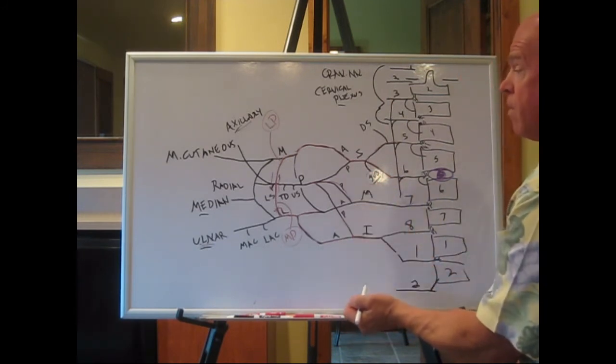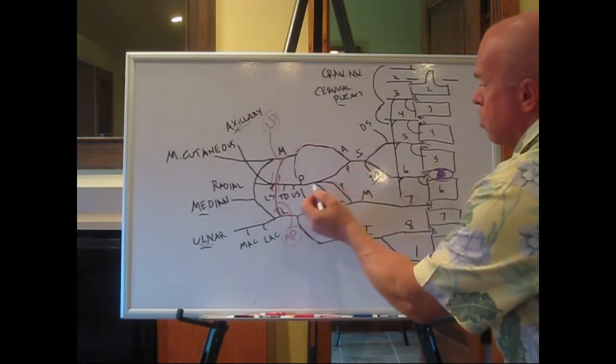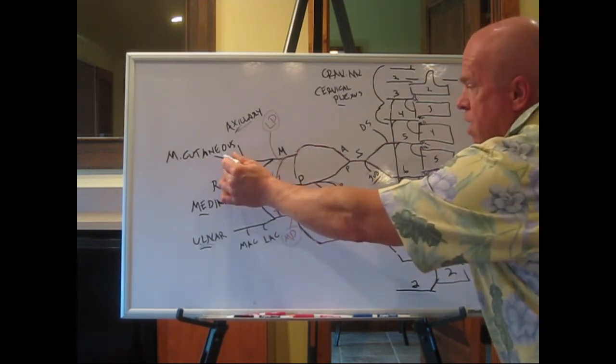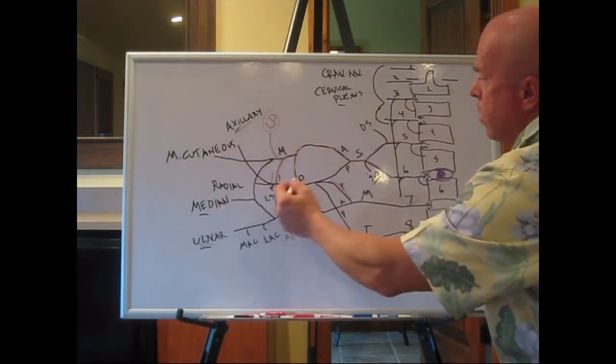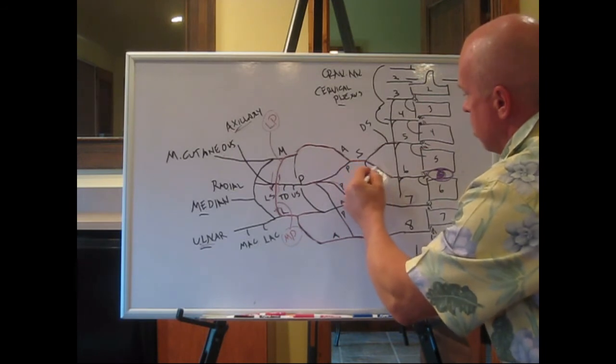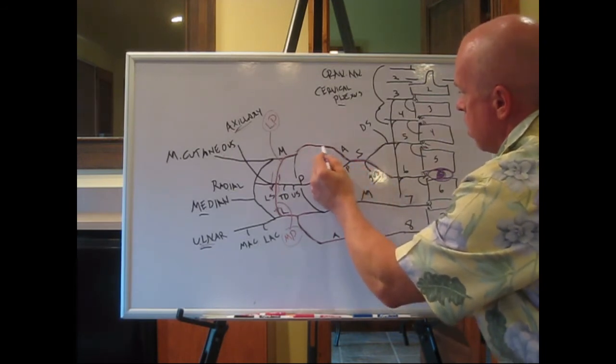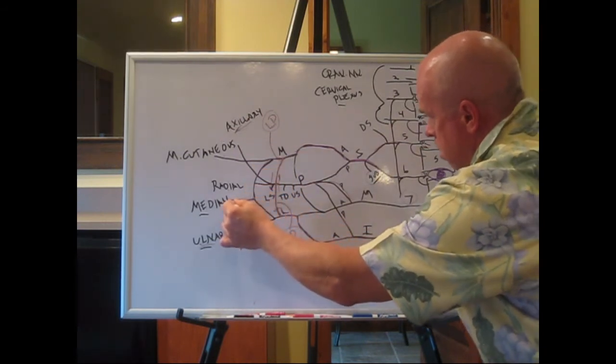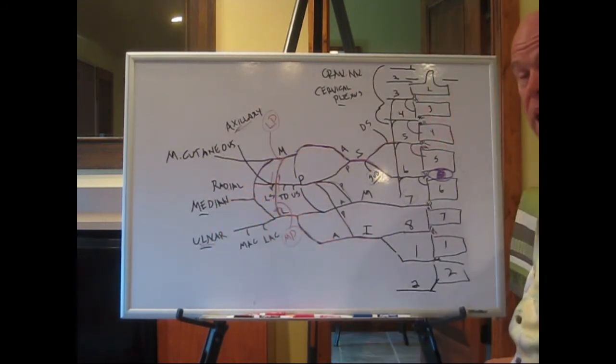nerve to the subclavius. It's going to contribute to the radial nerve. It's going to contribute to the musculocutaneous nerve. It's going to contribute to the median nerve as well.